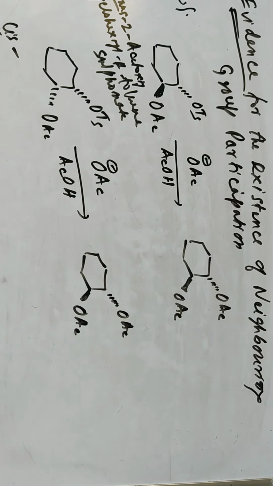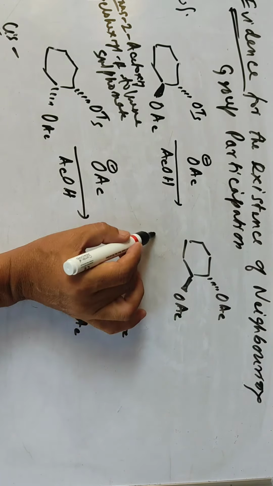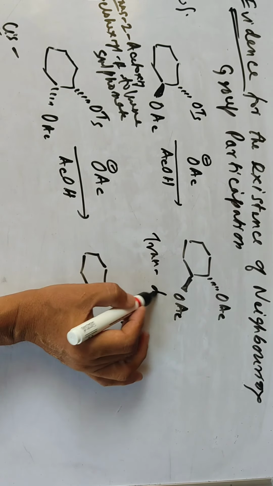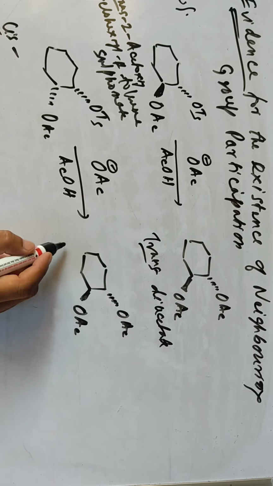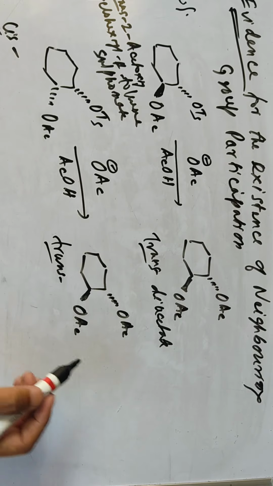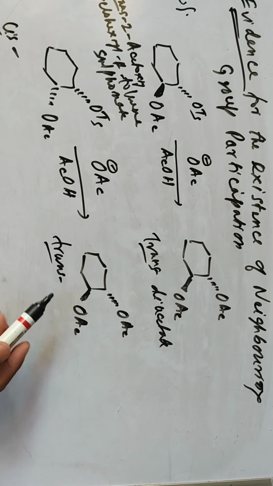I'm repeating again that in the acetolysis of trans-2-acetoxycyclohexyl para-toluenesulfonate, we get trans diacetate. Here also trans. So in this case, retention of configuration takes place. In the second case, inversion of configuration takes place. So how trans gives trans and cis gives trans can be explained by the participation of neighboring group, which is evidence for its existence.